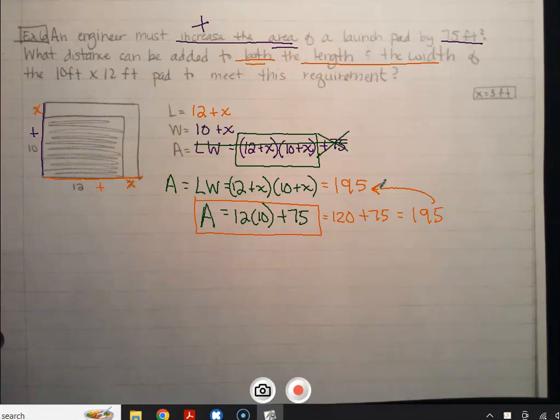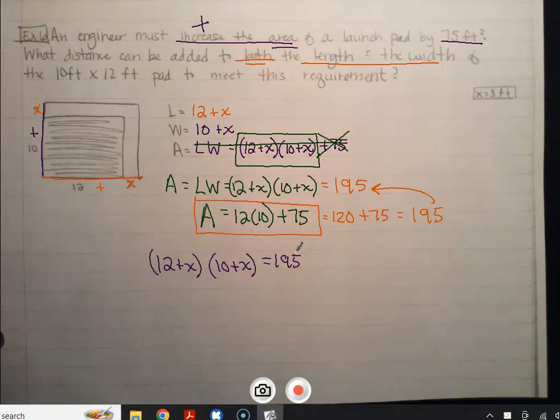All right, well, the way we solve is let's start factoring this one. So 12 plus x times 10 plus x equals 195. We're going to solve it just like we solve any other quadratic, but we've got to get it into that quadratic form.